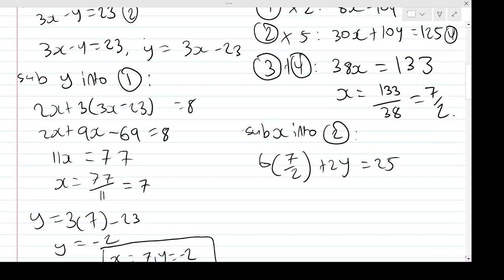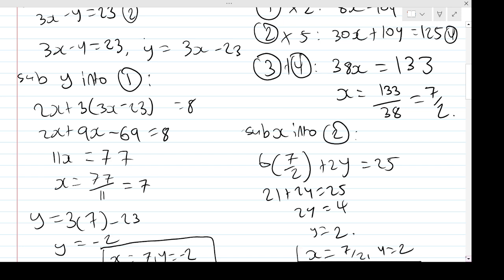If I simplify this, 6 times 7 over 2 is 21. And then 2y, if I get rid of the 21, therefore y is 2. Cool, so therefore we found x and y. The solution is x is 7 over 2, y is 2. Great, there we are. Cool.